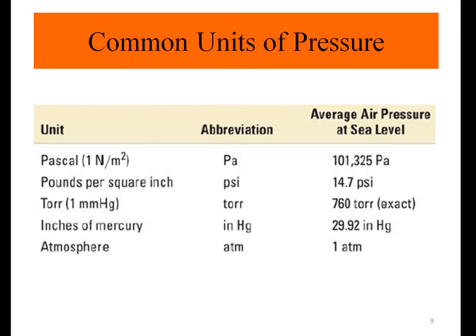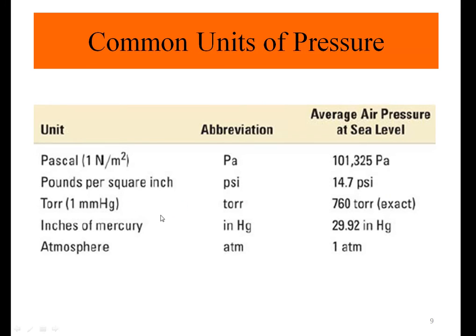So here we have a summary of these units. We have Pascal, 1 Newton per square meter, shown by PA, and it is equivalent to average pressure at sea level. 101,325 Pascal is equivalent to 1 ATM. The other one is pounds per square inch, or PSI. 14.7 PSI is equivalent to 1 ATM, or 1 atmosphere.